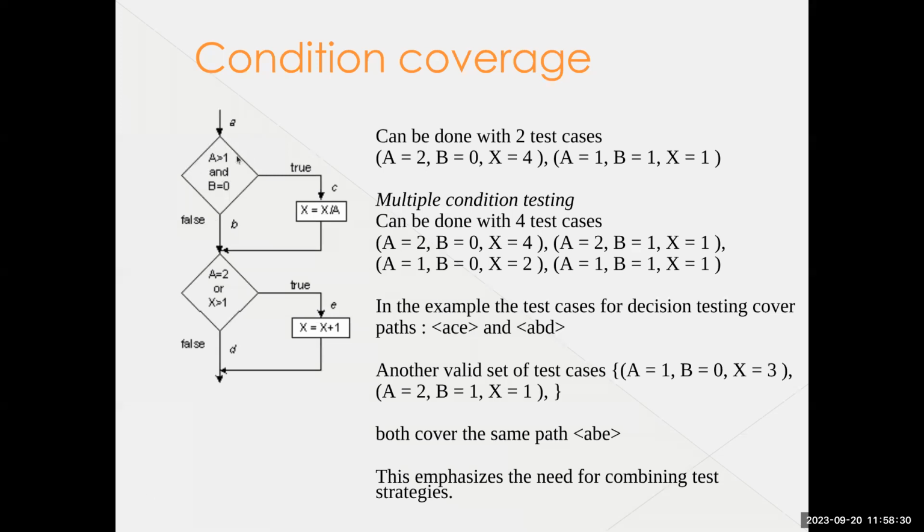What does false mean? True means A greater than 1 and B equals 0. Here A is equal to 2, A greater than 1, B equals 0. So if A is equal to 2 and B is equal to 0, it goes to this path.